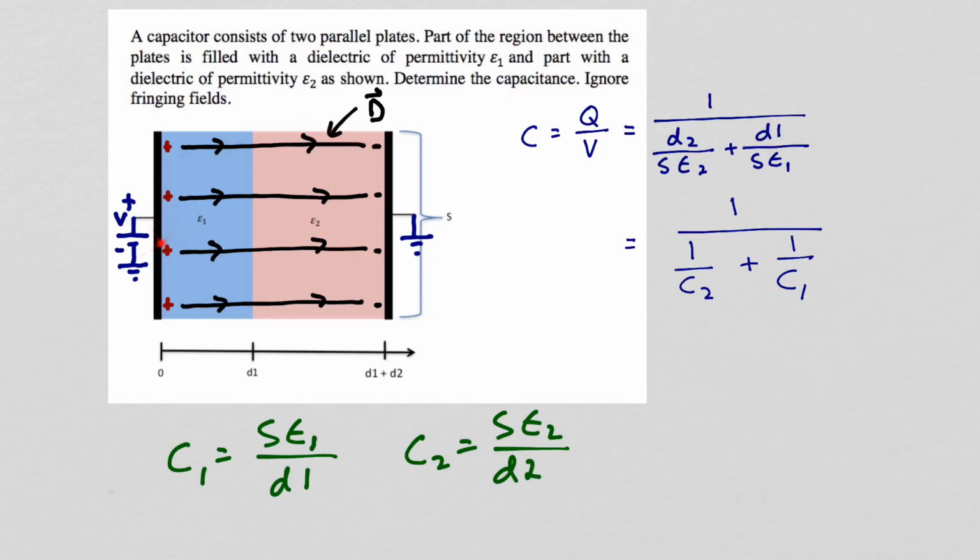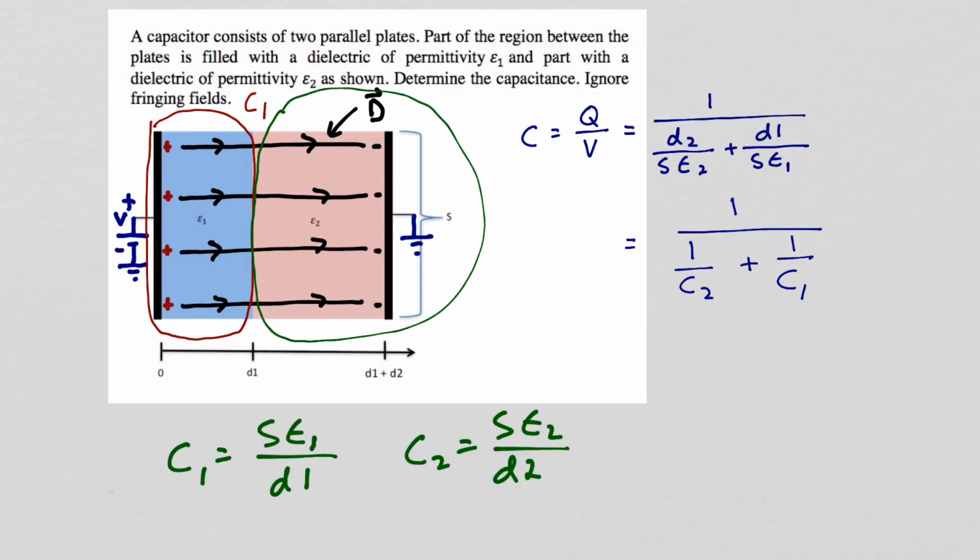So the capacitance of this structure is the same as that of two capacitors in series, where one of the capacitors would be associated with this region right here, that's C sub 1, and the other capacitor would be associated with this region right here, that's C sub 2.